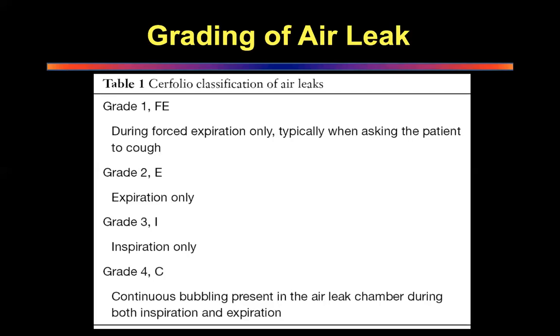And grade 4 is continuous bubbling present both during inspiration and expiration. So this is clinically a better way to grade. If you're asked in the exam, I personally would talk about Maccarini's and then talk about Cerfolio's classification of air leaks. It is important to know these classifications, otherwise it won't look good.